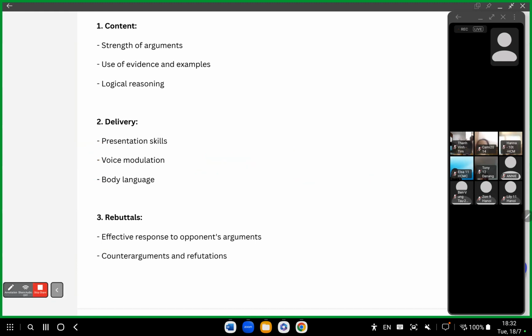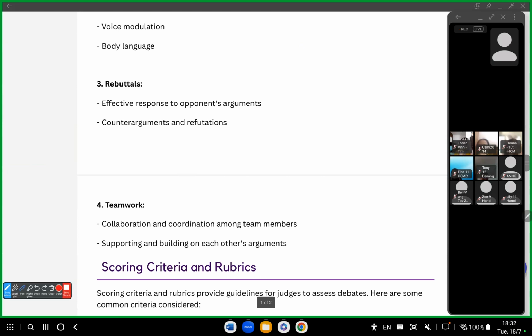Next, we have rebuttals. A simple word for rebuttal would be sticking up for your arguments.